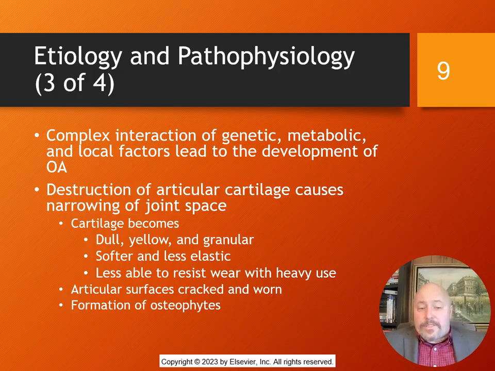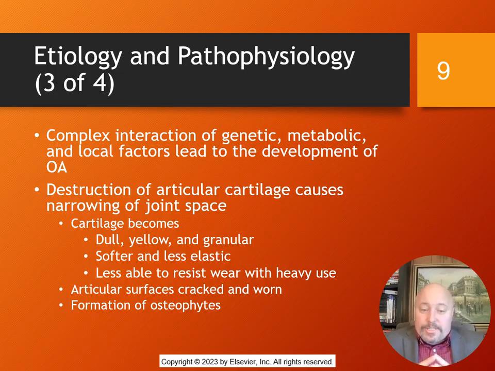As with many factors of aging, there's a complex interaction of genetic, metabolic, and local factors that lead to the development of osteoarthritis. The destruction of that articular cartilage causes narrowing in the joint space. The cartilage becomes dull, yellow, granular, softer and less elastic, and less able to resist the wear of heavy use. And as it ages and begins wearing down much quicker, we start getting that bone-on-bone contact.